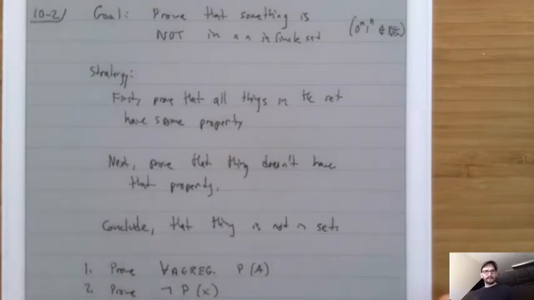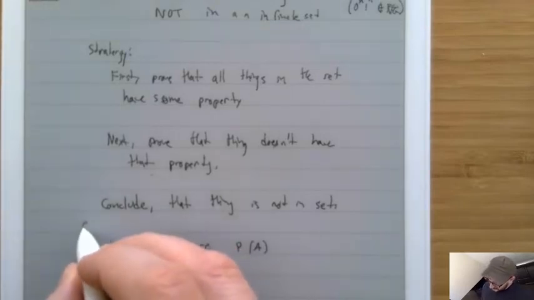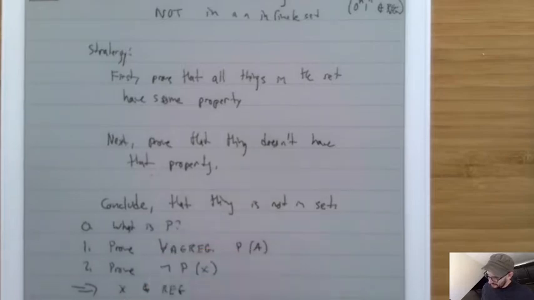Of course, there's a step 0, which is: what is P? So this right here is the process that we are going to go through.